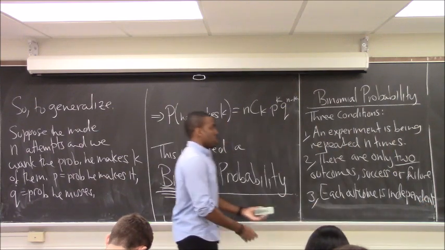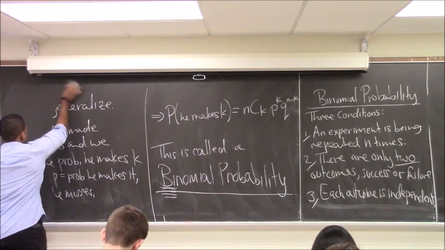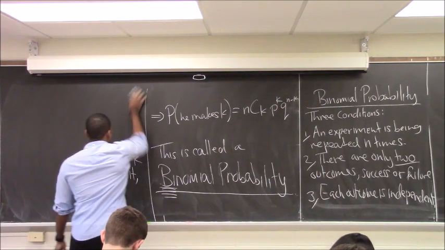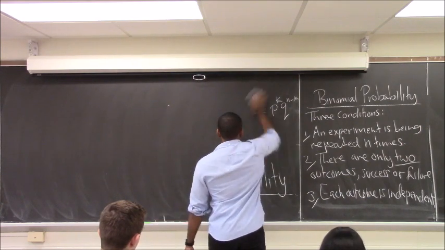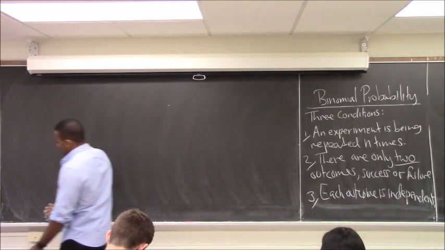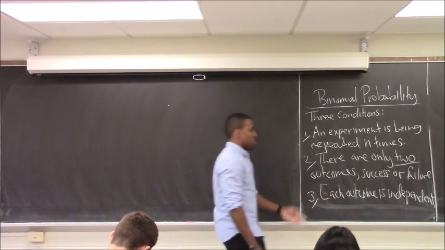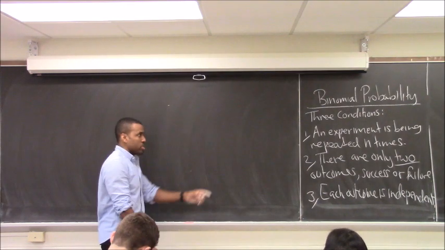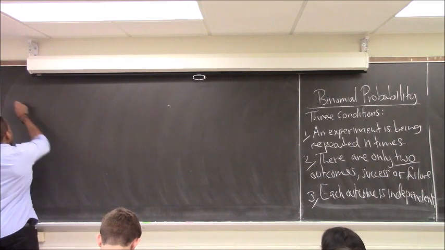So if you're reading a word problem and you realize that this is fulfilled, the same thing is happening over and over and over again, and there are only really 2 ways this can go down. What is the probability that it will go one of these ways a certain number of times? If we assume they're all independent, you will say you're in a binomial probability situation. It's very specific. These 3 specific things must occur.